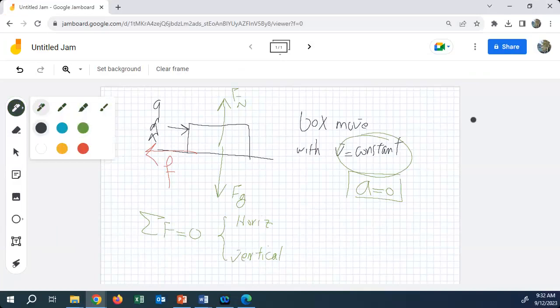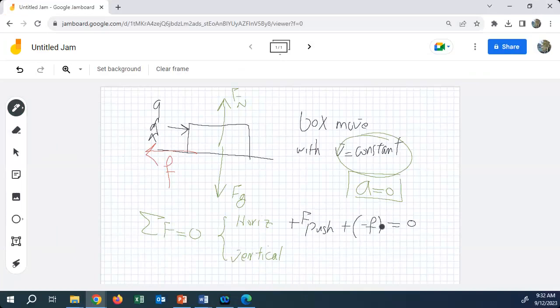Two horizontal forces. Good. What are these two forces? F push. What is the direction of F push? Positive or negative? Positive. Plus, what is the force of friction? Negative. I just showed it with the negative. It should be equal to 0. Okay?